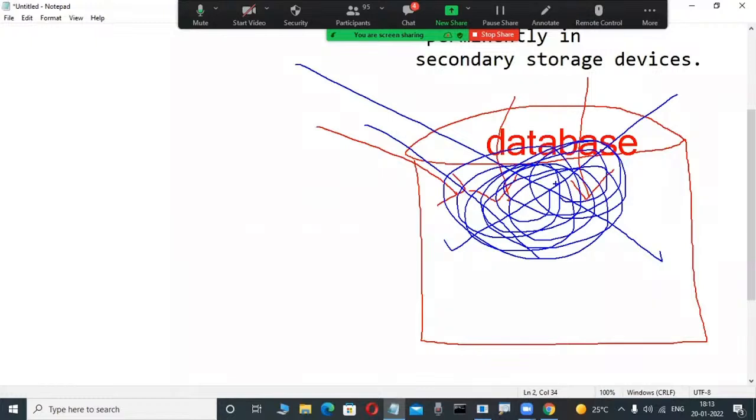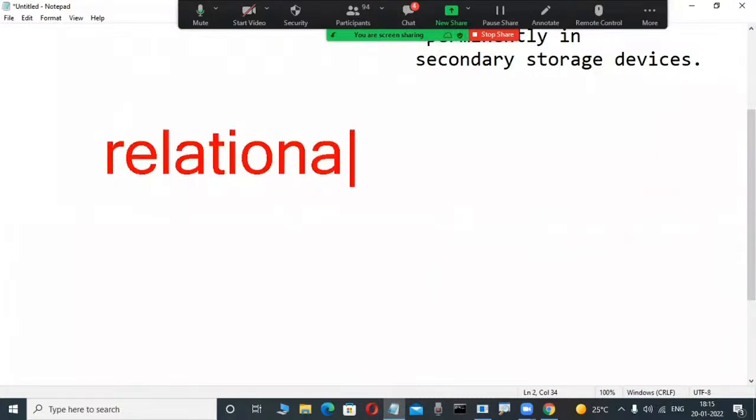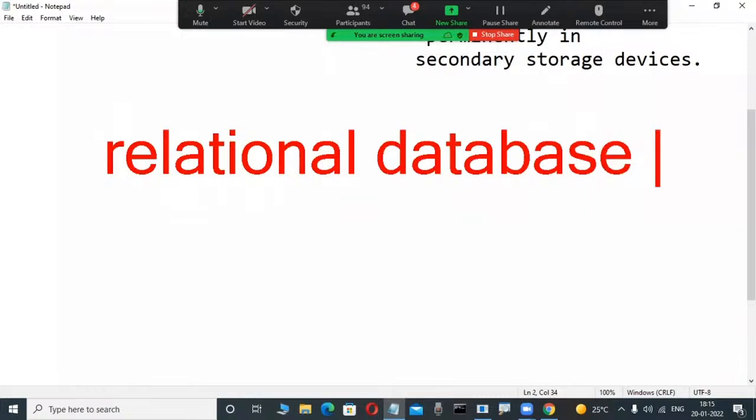For storing any random collection of data, there are non-relational databases, like MongoDB. That is different. Oracle, SQL Server and DB2 are relational databases. One of the popular relational databases are Oracle, SQL Server and MySQL.